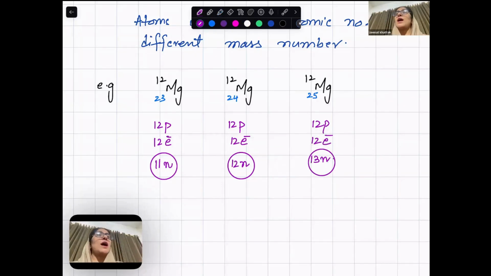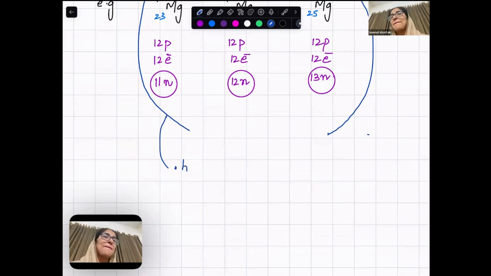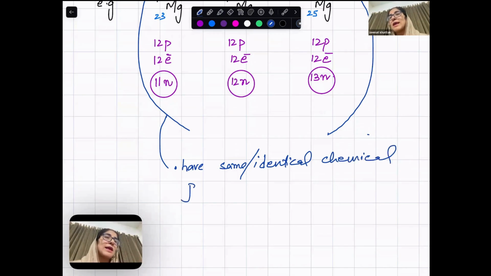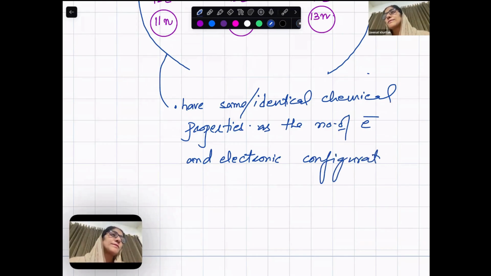These isotopes have identical chemical properties, as the number of electrons and the electronic configuration are the same.